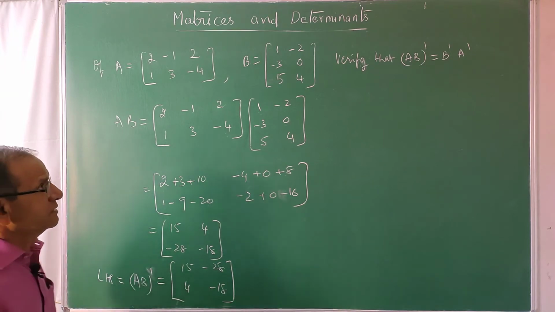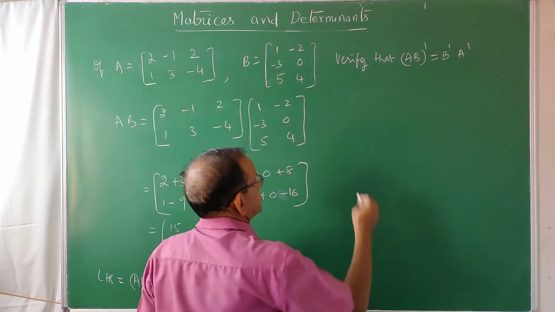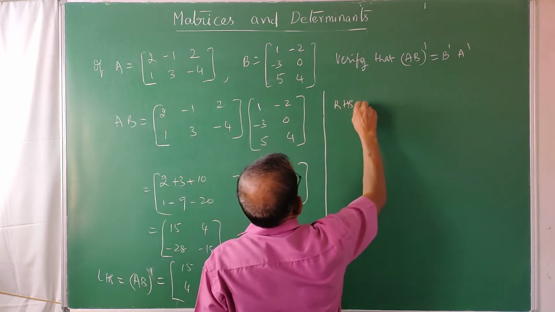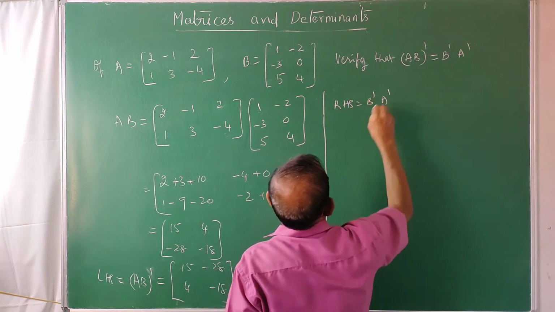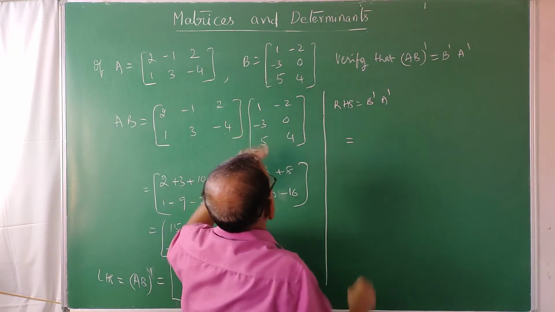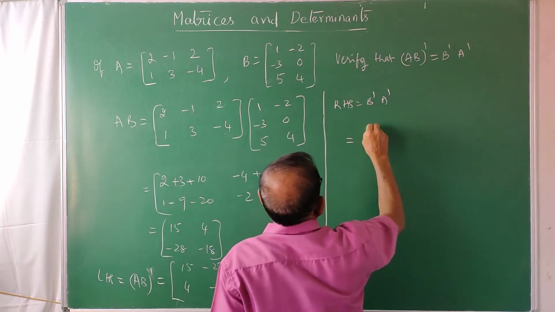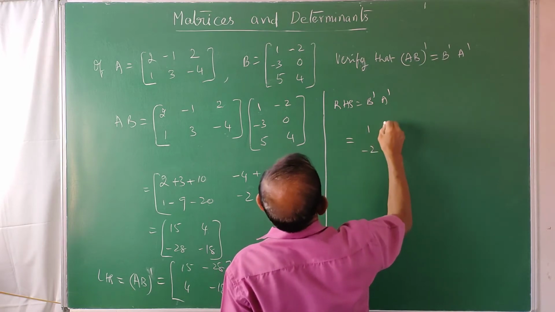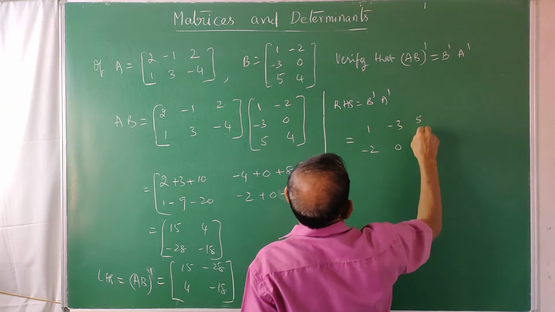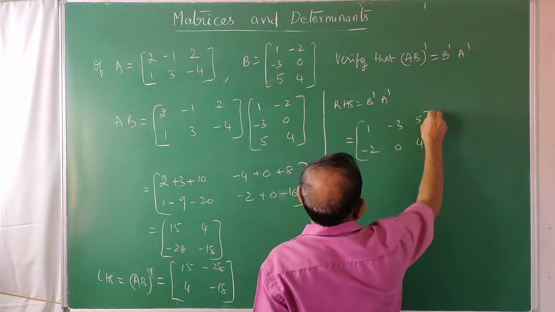Now take right hand side. B dash, that is B transpose into A transpose. RHS is equal to B transpose into A transpose. First you take the transpose of this one. You write the first row as first column, 1, minus 2, minus 3, 0, 5, 4. This is B transpose.